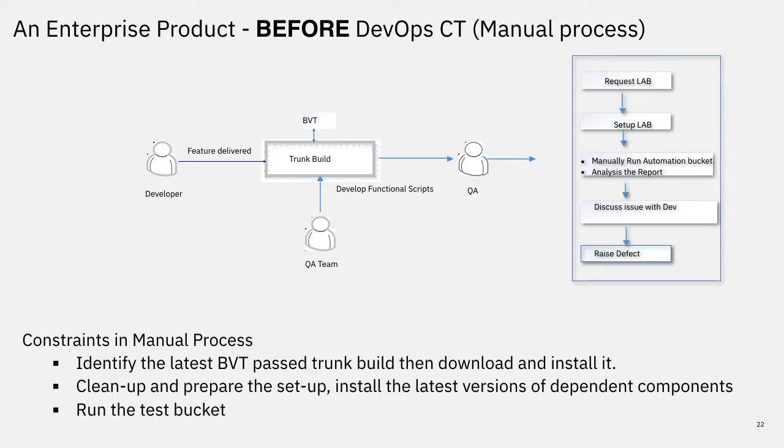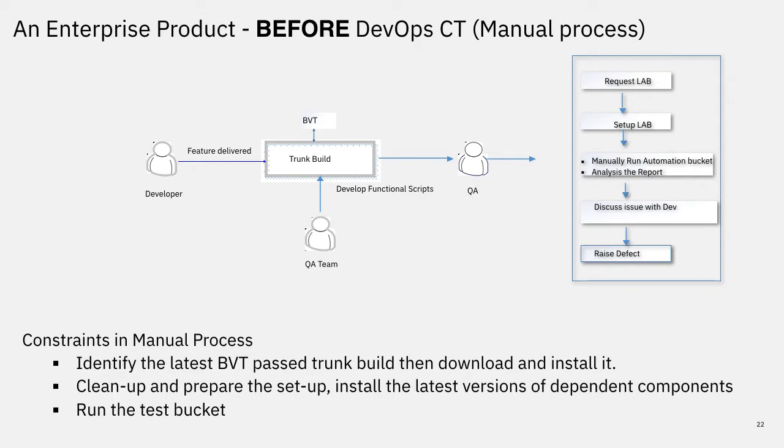Then the build is verified and the QA team runs their functional scripts on that build. After that, the QA team starts executing their manual tests. What's the process for that? They request the lab for setting up their infrastructure. Once their requests are processed and approved, they set up the lab. Then they manually run the automation bucket.